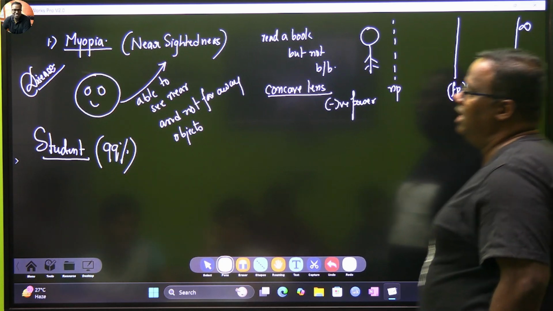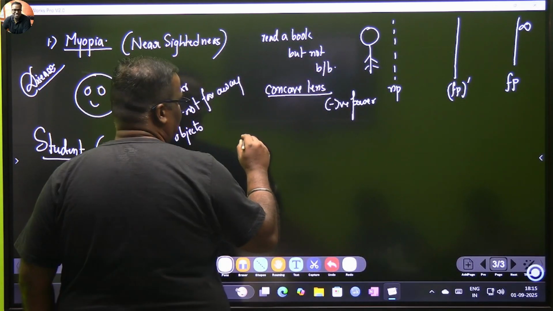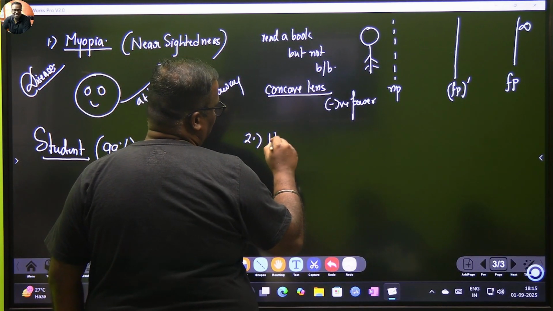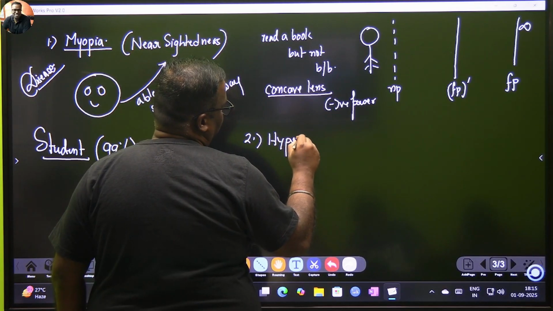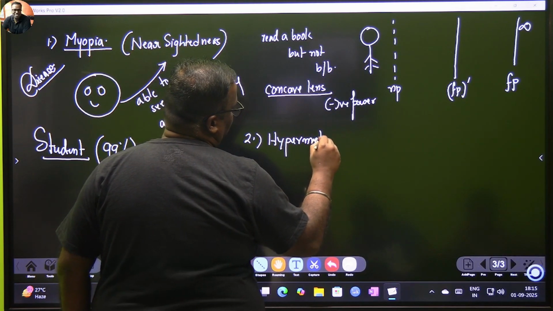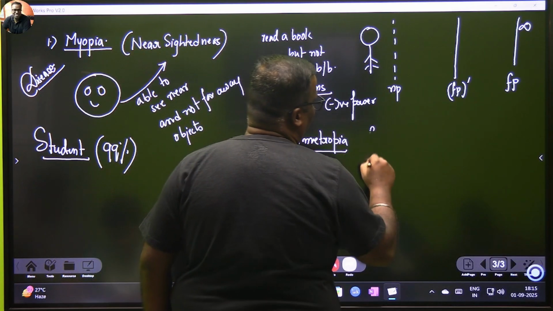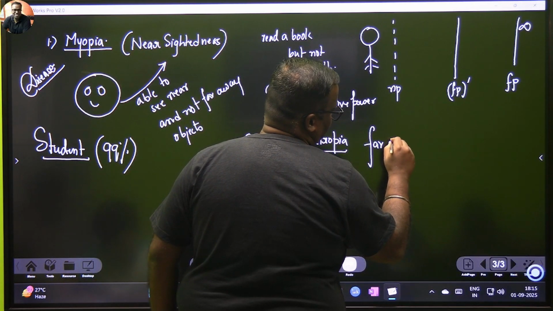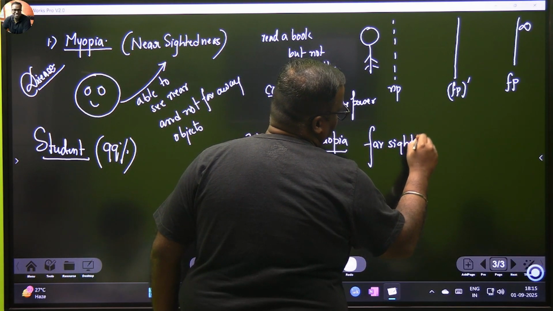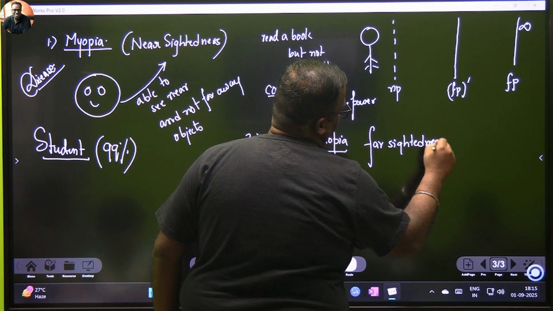Okay. The next type of disease that we have is known as hypermetropia. Hypermetropia means farsightedness.